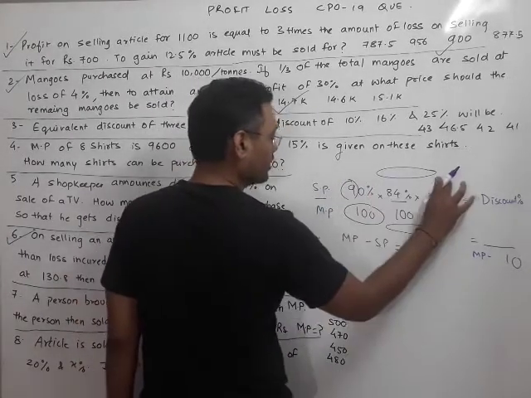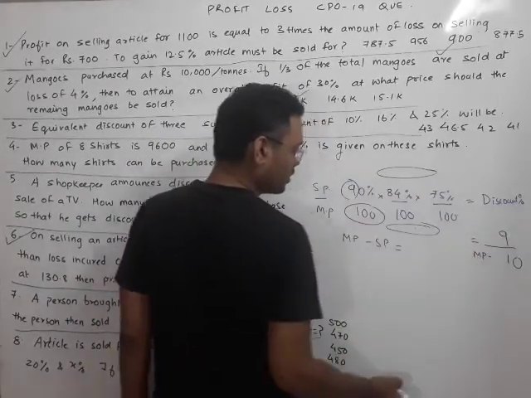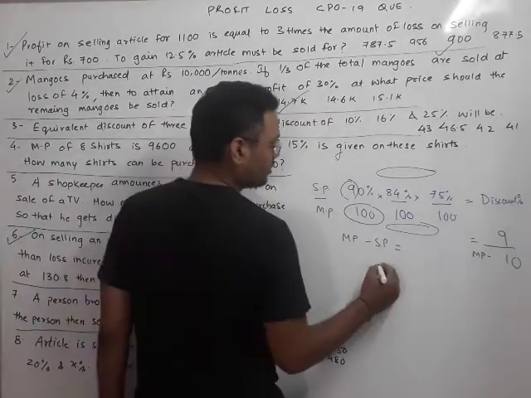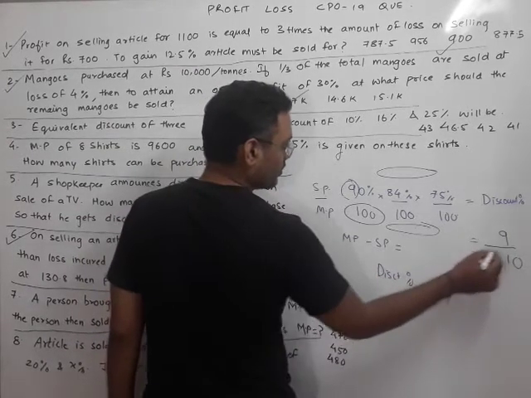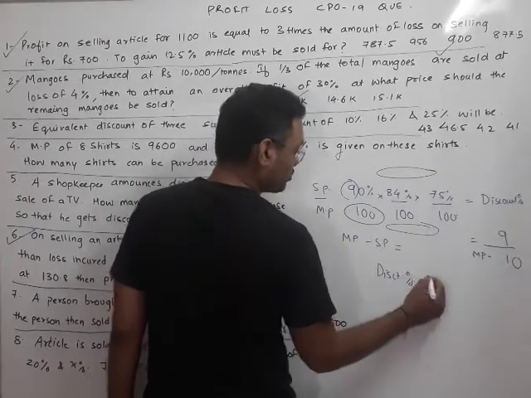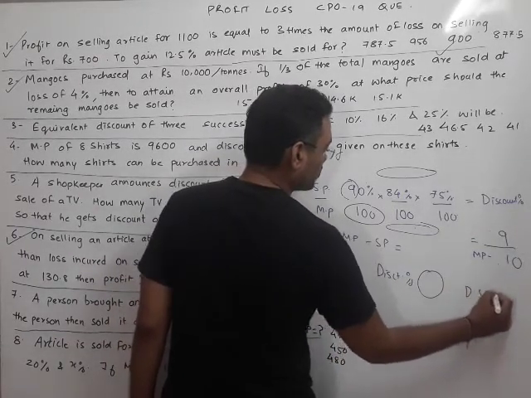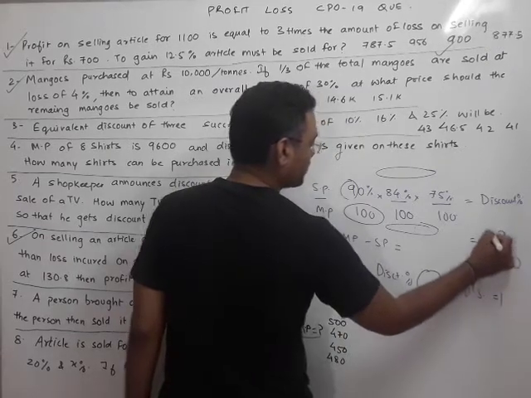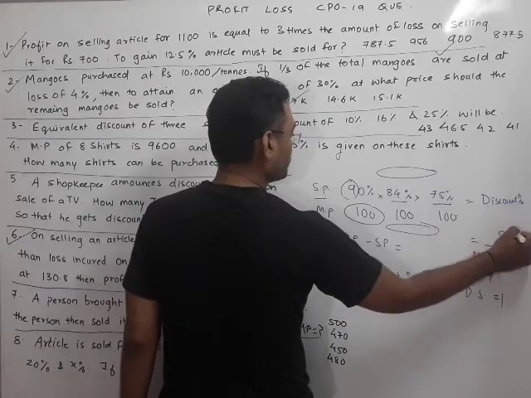Because ultimately it's going to be multiplied by 9. Which means what will be my discount percent then? This minus this means my discount percent, whatever the answer is, it has to have a DS of 1. 10 minus 9 will give me a DS of 1.